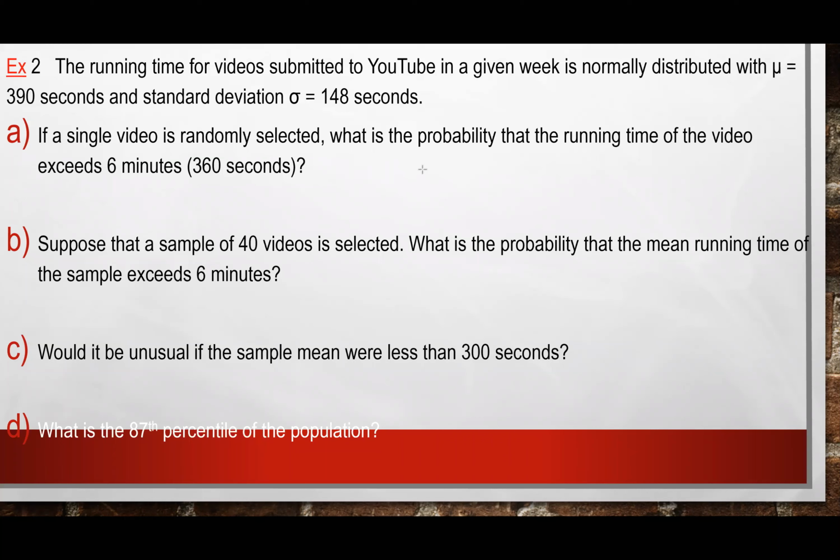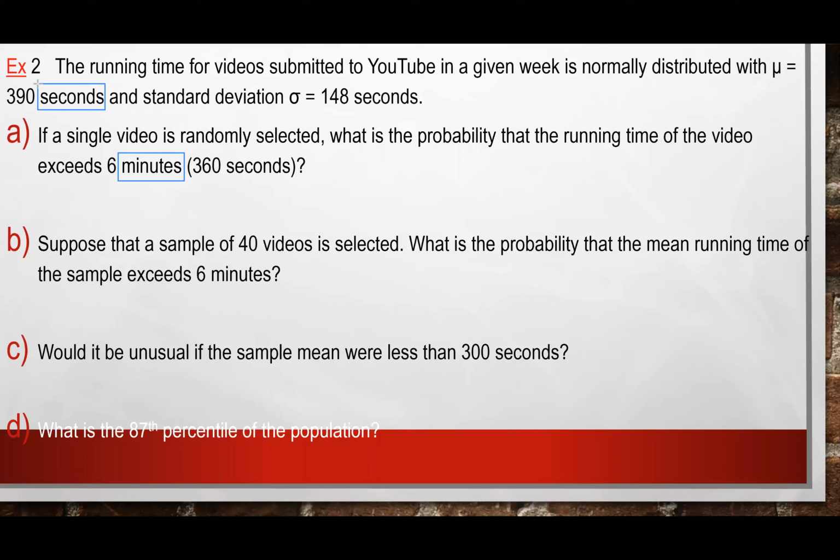The reason I say I don't know if they do this to you is that the information they give you in the problem is in seconds, but the question itself is in minutes. So one hint is that 6 minutes is a total of 360 seconds.